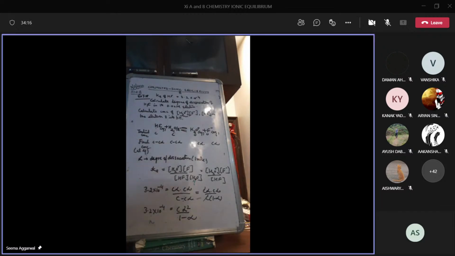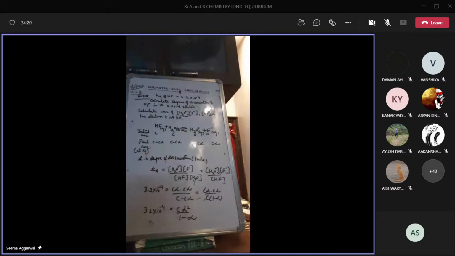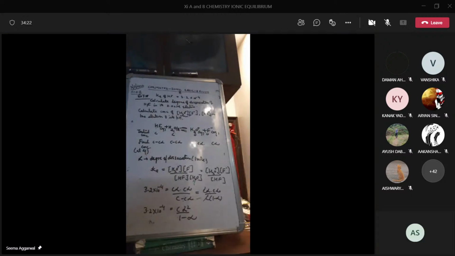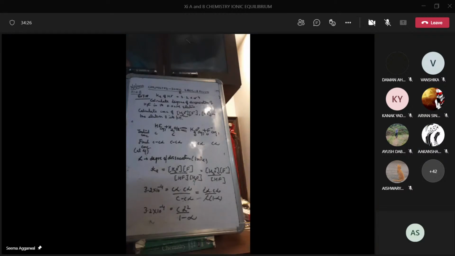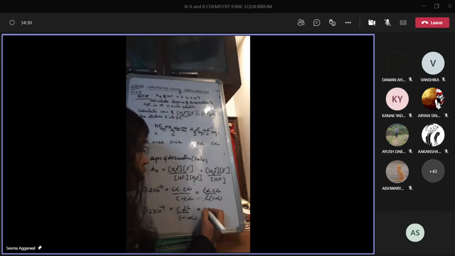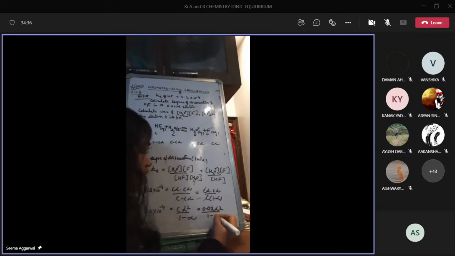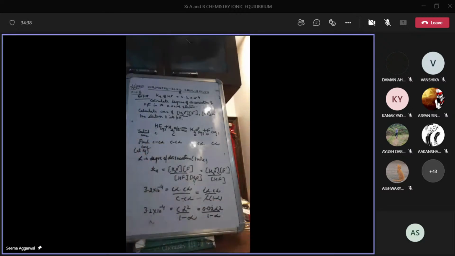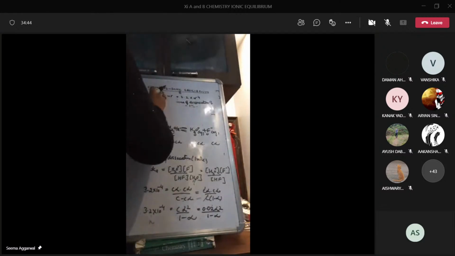Is it okay? Now, what is C, the concentration given to us? 0.02. So 3.2 into 10 raised to power minus 4 is equal to 0.02 alpha square upon 1 minus alpha. First I am taking the lengthier method because in NCERT they have given this method.